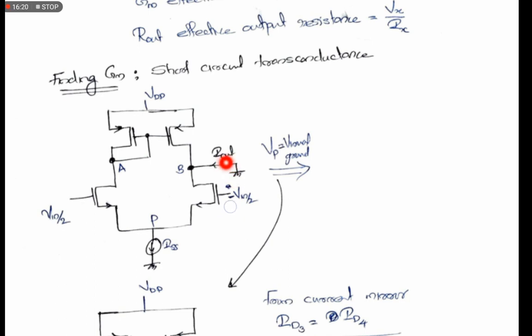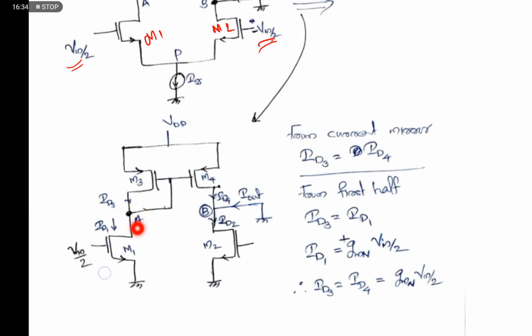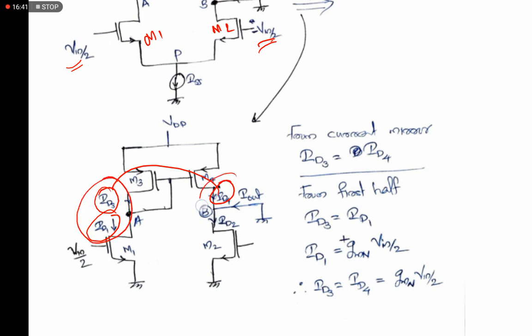We need to find the current Iout, and we are given the voltage Vin by 2 and minus Vin by 2 at M1 and M2. We know here that ID1 equals ID3, which is equal to ID4.